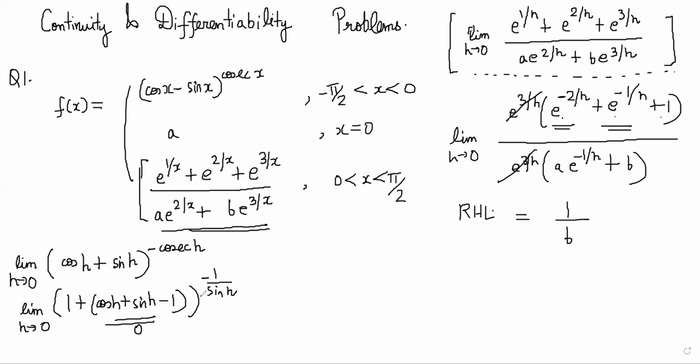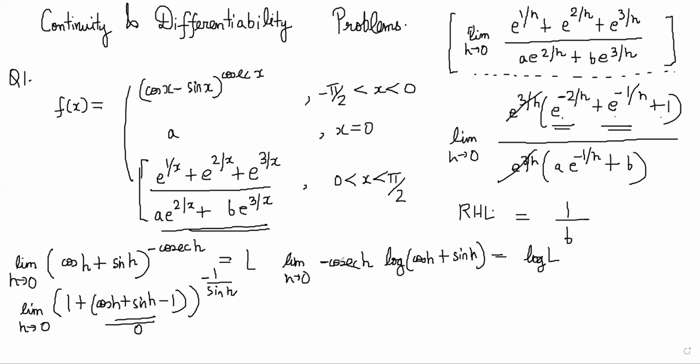Technically it is 1 to the power infinity. I will just use logs, that will be easier. Take this equal to L and take log. You get minus cosec h log of cos h plus sin h, limit h tends to 0, equal to log L.